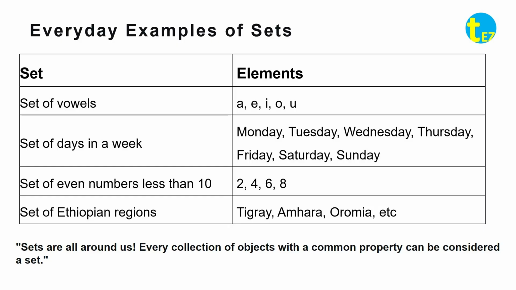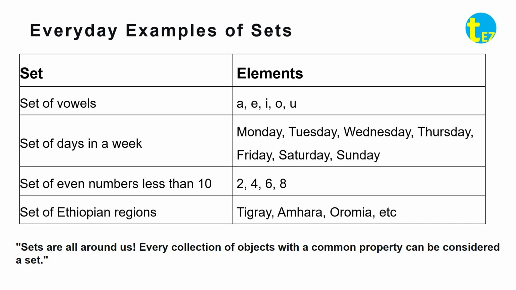The set of days is Monday, Tuesday, Wednesday, Thursday, Friday, Saturday, and Sunday. That's also a set. Let me give you another example. Consider the even numbers less than 10. Those are 2, 4, 6, and 8. They are elements. Can you see how they all share a common property? What is this property? They are all even and they are all less than 10.